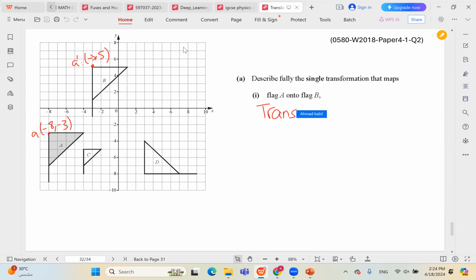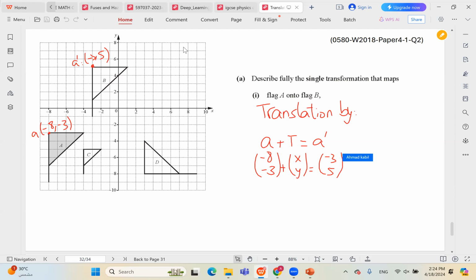Translation by, and we need to get the vector. So we write down the equation A plus T equals A dash. A is -8, -3. T is unknown, so this is X and Y. A dash is -3 and 5. You take this to the other side.